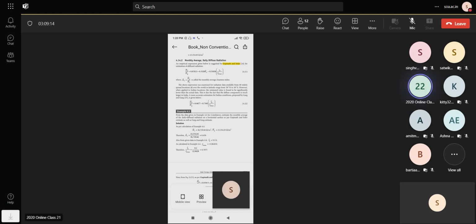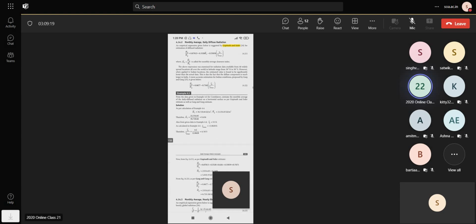First, you have to calculate with the help of the Gopinathan solar formula. Then we'll go for the Garg and Garg formula.